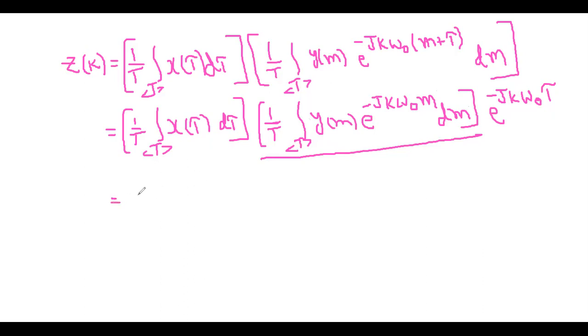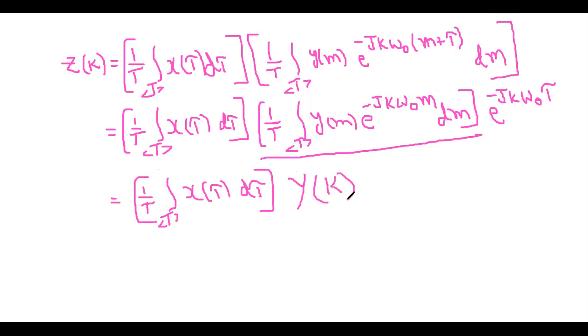So you can write it as y of k, 1 by T integral T x of tau d tau as one function, and this total function will give y of k, as a Fourier series formula only, into e power minus j k omega naught tau.